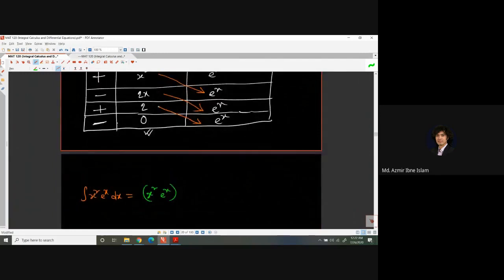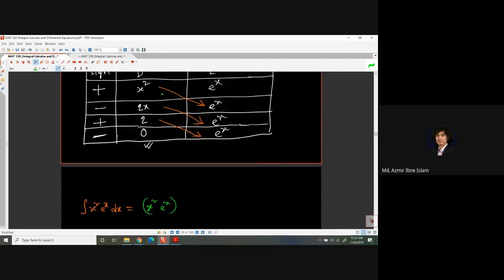And then multiplication of x squared and e to the power x is here, then multiply this one and this one, see the corresponding. So it will be 2x times e to the power x, and then you have to multiply 2 with e to the power x. So these are the three terms we have finally.